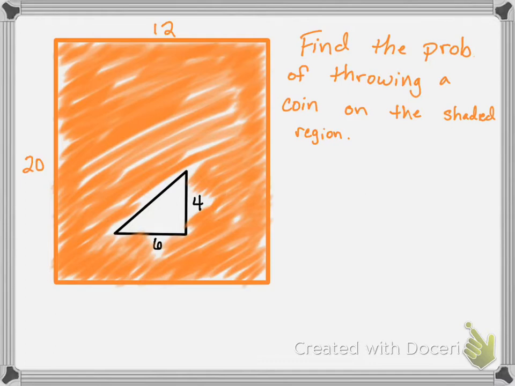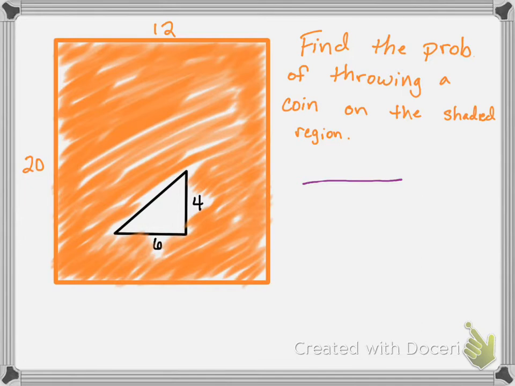Okay, so again, are we taking out something? What are we taking out in this problem? The triangle. So if I had to think about my probability formula or maybe my little cheat sheet, what would I do here? What would y'all say?